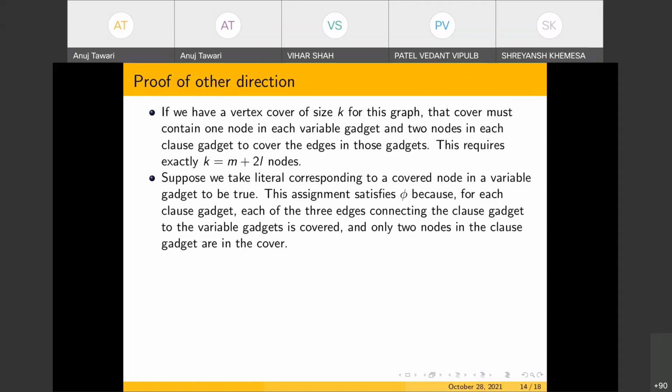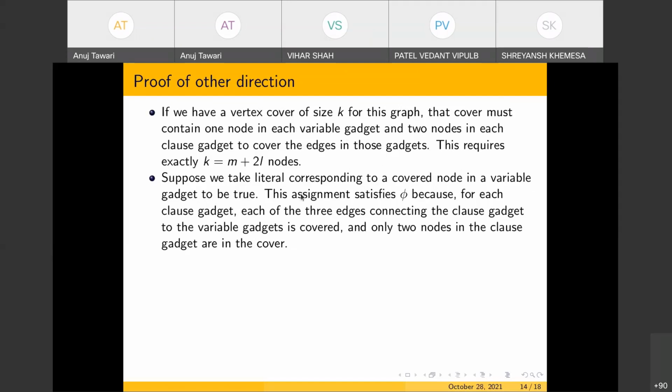Right? So the variable gadget was just an edge from x to x bar, y to y bar, all these kinds of edges. And we look at our vertex cover. Let's say I picked x in my vertex cover, then I will set x to be true.